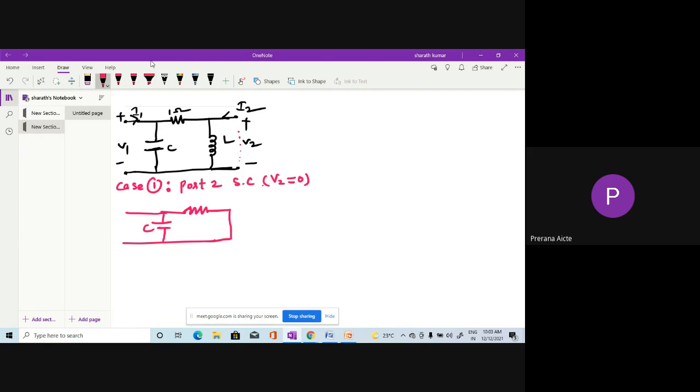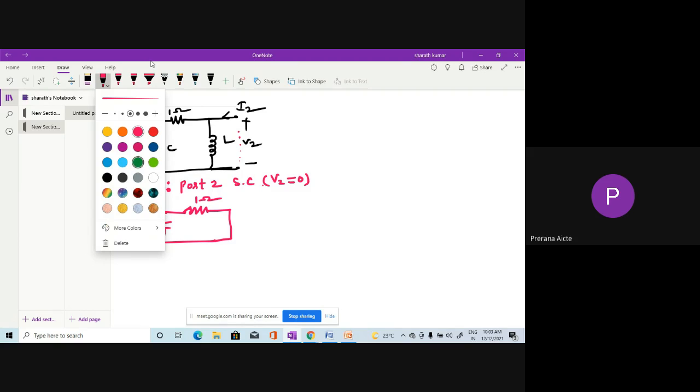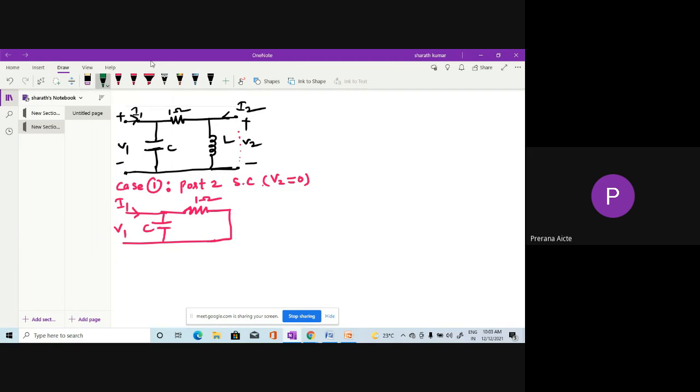We have the capacitor, the 1 ohm resistor, V1 and current I1. It's a very simple problem. C is subjected to 1 by S, and L is going to be S. So here it is C, 1 by S.